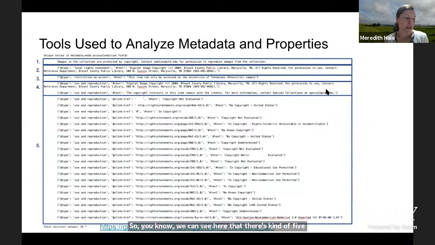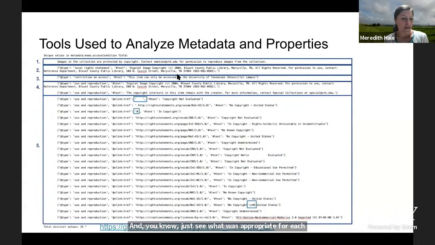The majority have an attribute of xlink href and are associated with our standardized rights values from rights statements and Creative Commons. While this was our major use case, we also needed to go through and determine if we needed to keep numbers 1 through 4, and see what was appropriate for each use case.